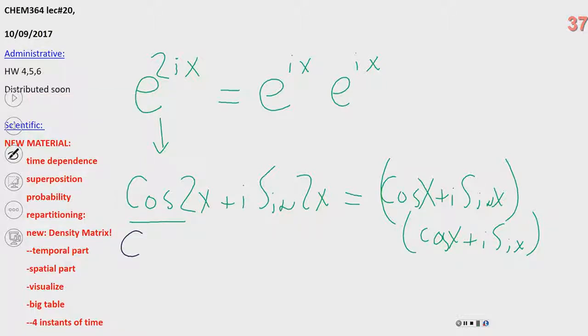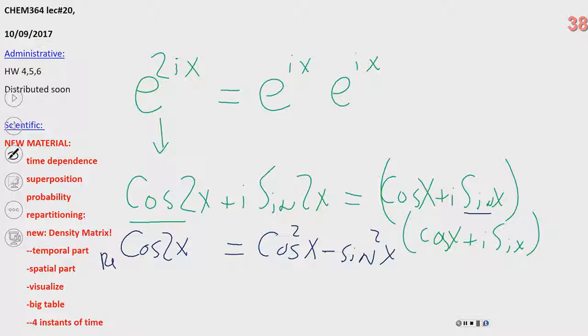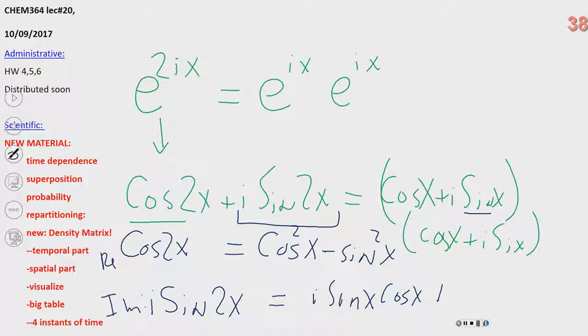For the real part, on the left we'll have cosine 2x, and on the right we'll have cosine squared x, and the last term, i squared sine squared, will be minus sine squared x. For the imaginary part, on the left it is i sine 2x, and on the right it will be i sine x cosine x plus i cosine x sine x, which you can just write as a factor of 2, and then you can erase the imaginary unit.